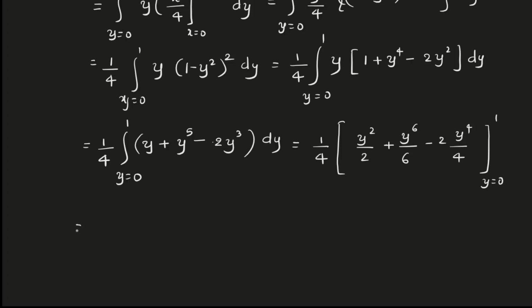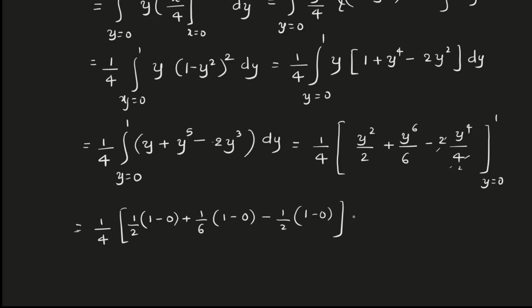Simply substitute upper and lower limits for each term. 1 by 4, here it is 1 by 2 y square, for y square upper and lower limits 1 minus 0, plus 1 by 6 y raised to 6 again 1 minus 0, minus here 2 and 4, 2 ones are 2 twos, so it is 1 by 2 into 1 minus 0.